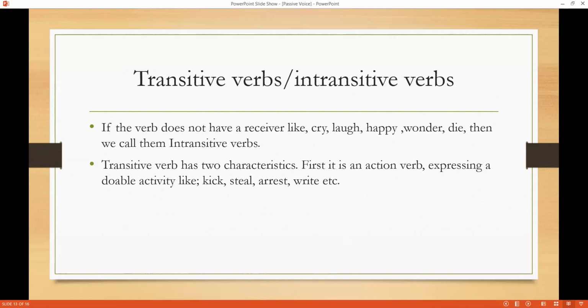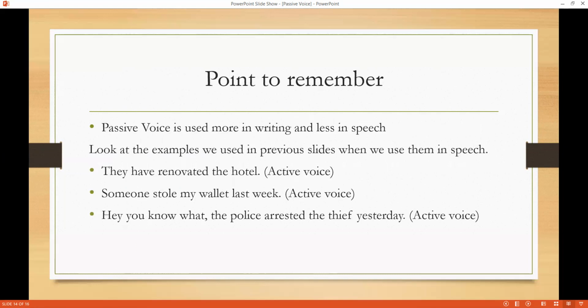Also keep in mind that we use the passive voice more in writing and less in speech. So if you are talking, it's natural to use the active voice. So I might say, hey, guess what? They have renovated the hotel.